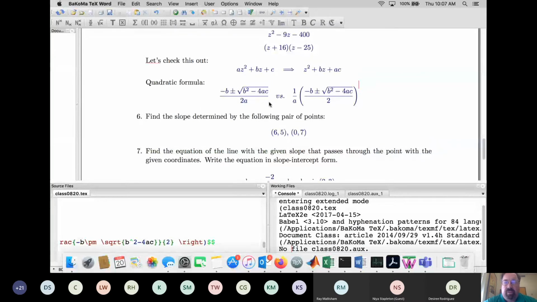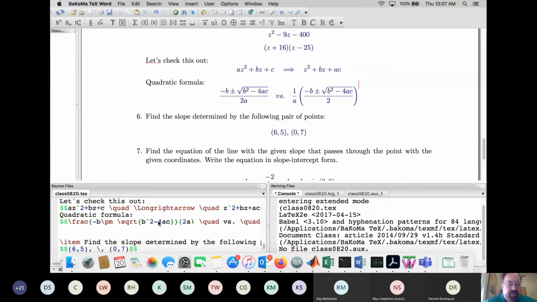Now, one thing that you'll have to be doing frequently in this class is finding equations of lines for various reasons. So it's important that we deal with this. For example, here are 2 points in the plane. x is 6, y is 5 for 1 point, x is 0, y is 7 for the other.